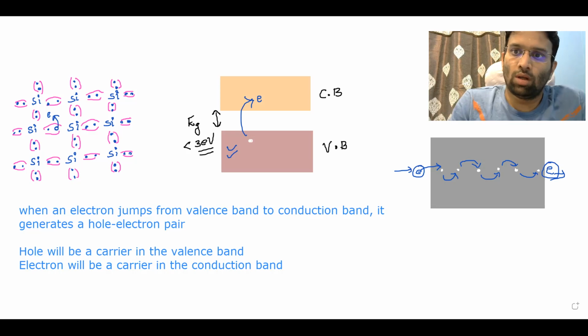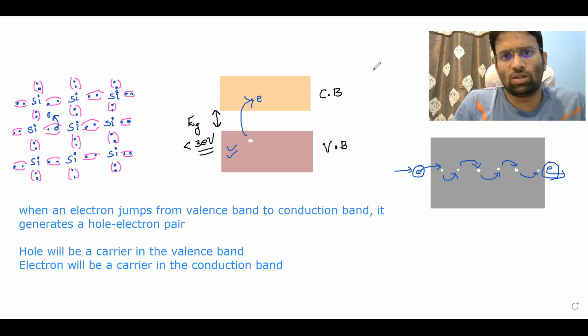So holes on their own can conduct electricity. Holes are current carriers in the valence band. And electrons in the conduction band are as good as the electrons that we see in conductors, because whether it is electrons in conductors or in semiconductors, so long as they are in the conduction band, all that they do is conduct electricity.